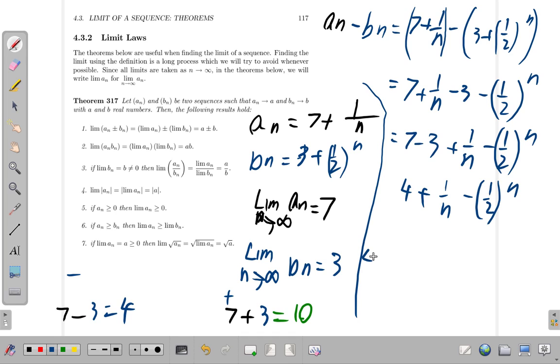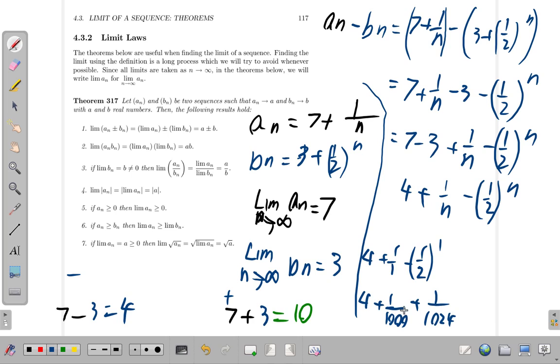The first term would be 4 plus 1 over 1 minus half to the power of 1, and so on. The thousandth term would be 4 plus 1 over 1,000 minus half raised to the power of 1,000, which is 1 over 1,024.